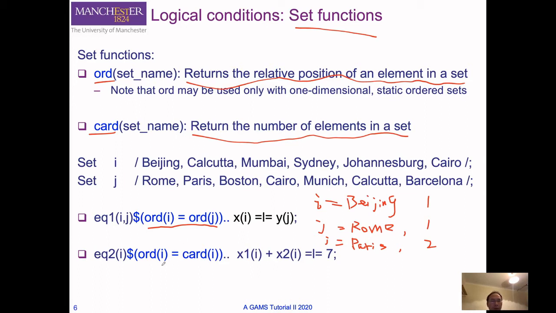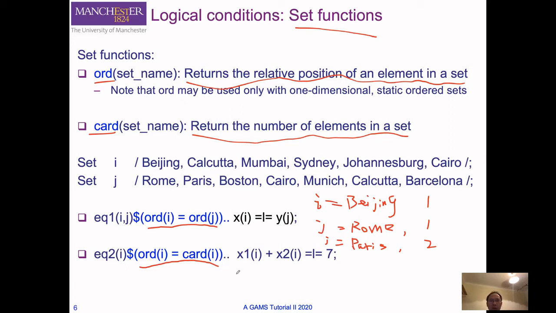In the second example, the logical condition is order I is equal to cut I. That means if the relative position of an element in set I is the last one in the set I, then this logical condition is true. Otherwise, this logical condition is false.